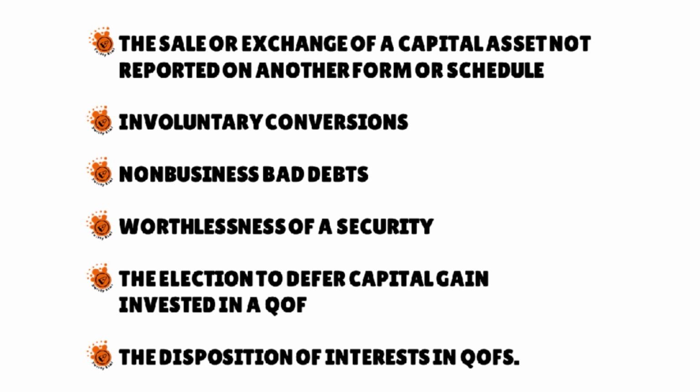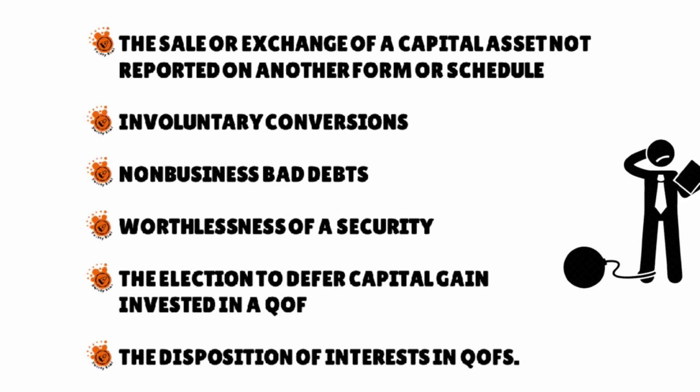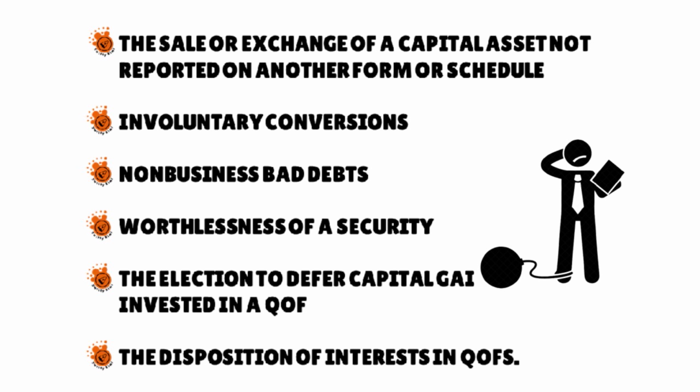Also transactions from involuntary conversions, other than from casualty or theft, of capital assets not used in your trade or business. Very important. Non-business bad debts. Very important. Worthlessness of a security, right? We also have the election to defer capital gain invested in a QOF, and the disposition of interest in QOFs.